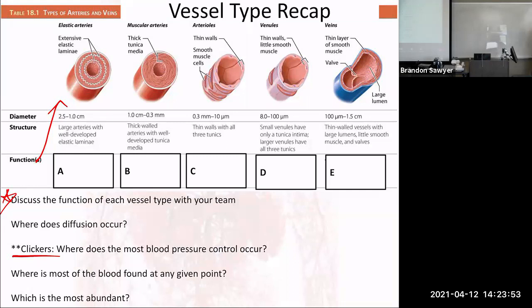All right, so you're sending in that question on the app there. Where does the most blood pressure control occur?